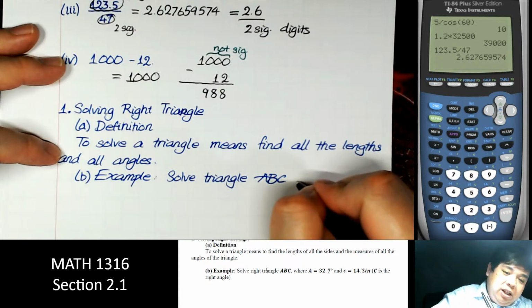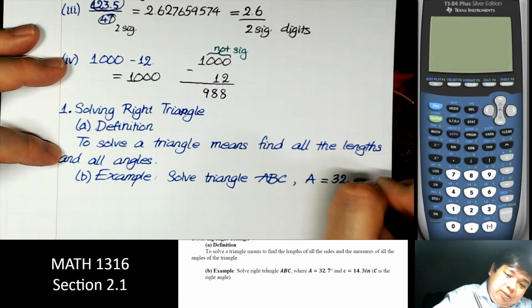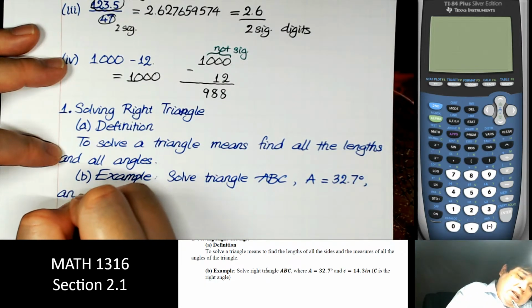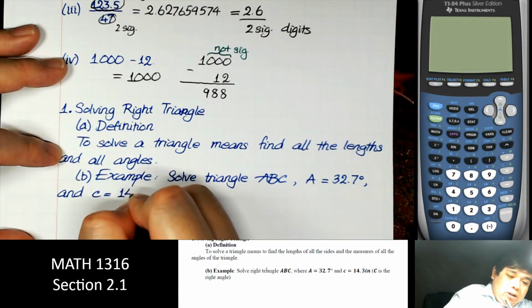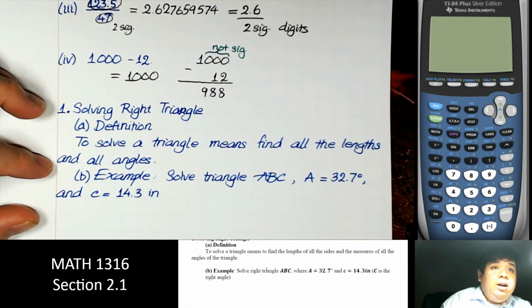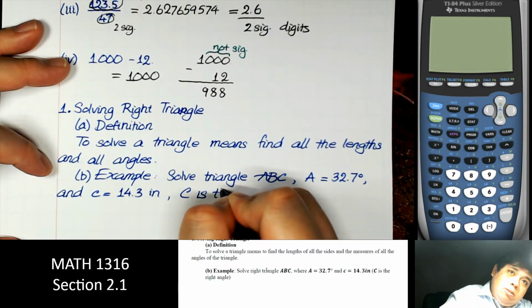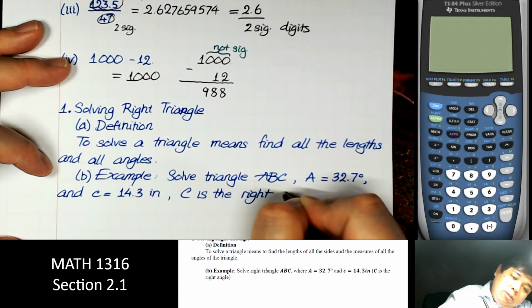Solving triangle ABC. Angle A is 32.7 degrees and side c is 14.3 inches, and C is the right angle.